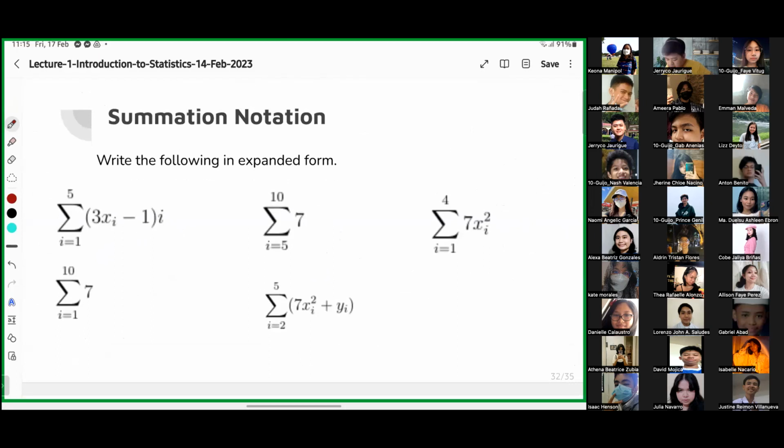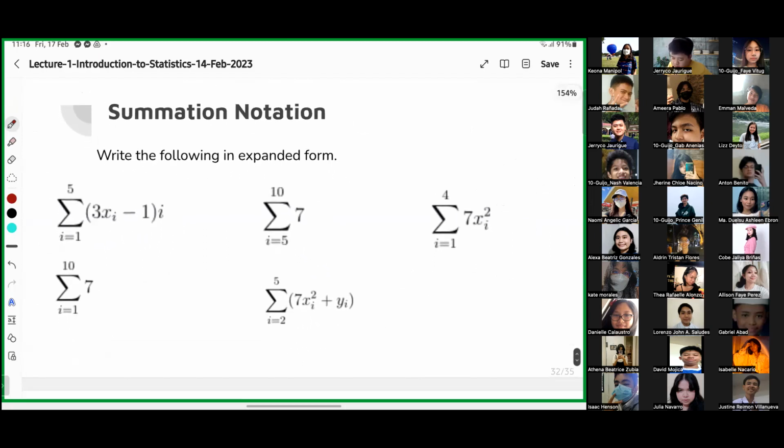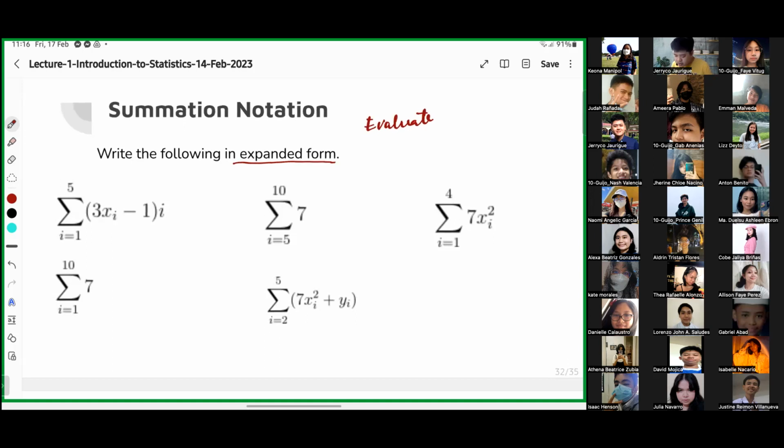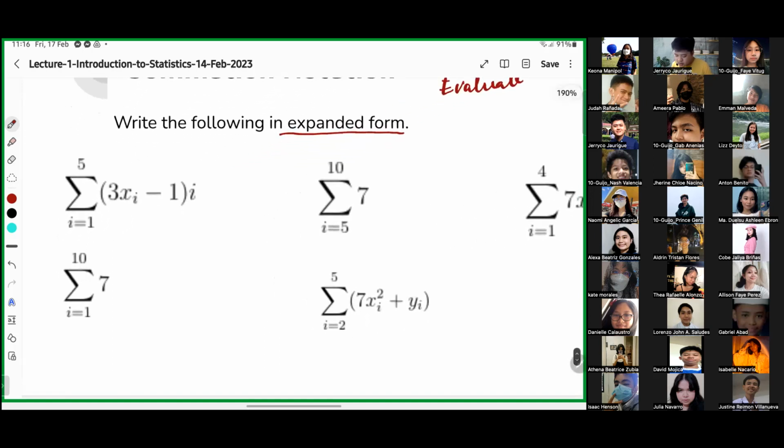When we say write in expanded form, don't evaluate it na. Say write in expanded form lang. Pero pag nakalagay ay evaluate, you have to solve for the actual value of the summation. Just have a review. Ito yung sigma notation natin.